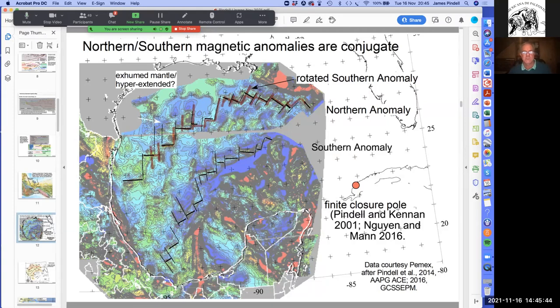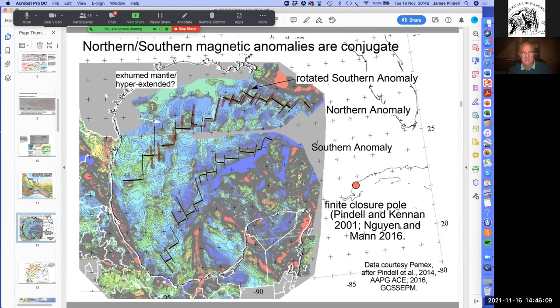And we told ourselves that this is the edge of the oceanic crust. So we now know that all of the crust between these two lines is composed of oceanic crust, right? So we can find a pole of rotation which allows us to move this shape up to that shape. And that pole of rotation lies on the western coastline of Cuba.